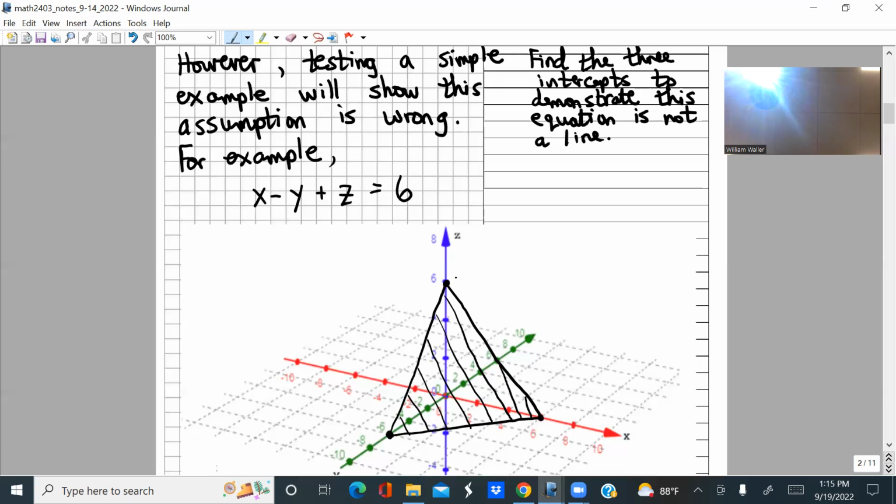So we have to take up next time: what are the equations for lines in 3 dimensions, if you have a line going through space? And what about graphs of planes?